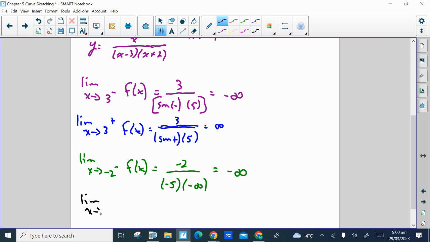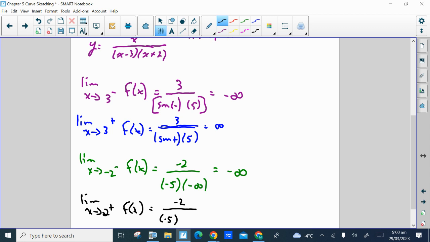And when we find the limit as x approaches negative 2 from the right side of f at x, again, the top number will approach negative 2. The first factor on the bottom will still approach negative 5. But now we're approaching negative 2 from the right side. So it might be negative 2.5. No, I did that wrong.